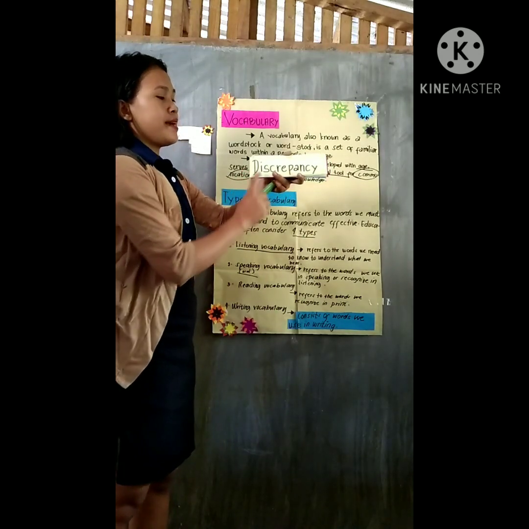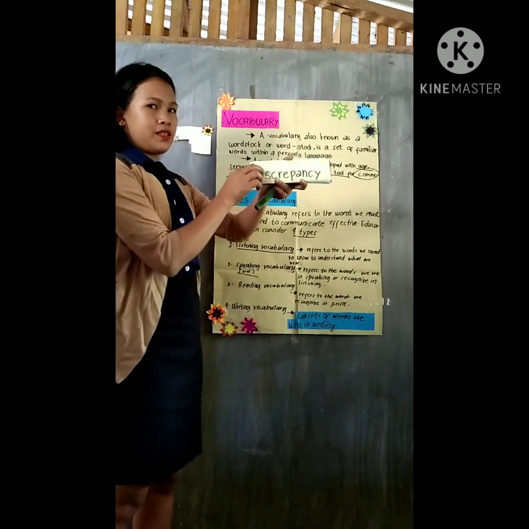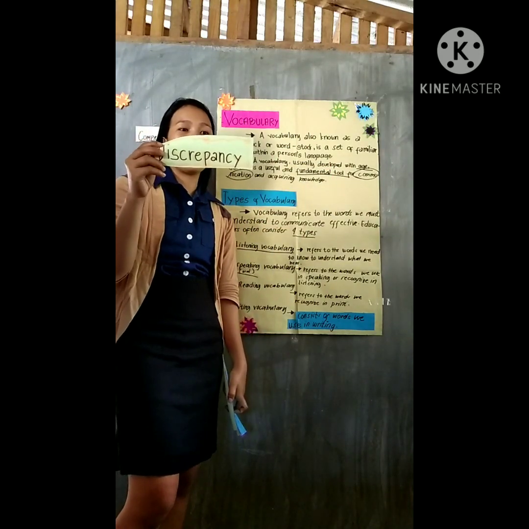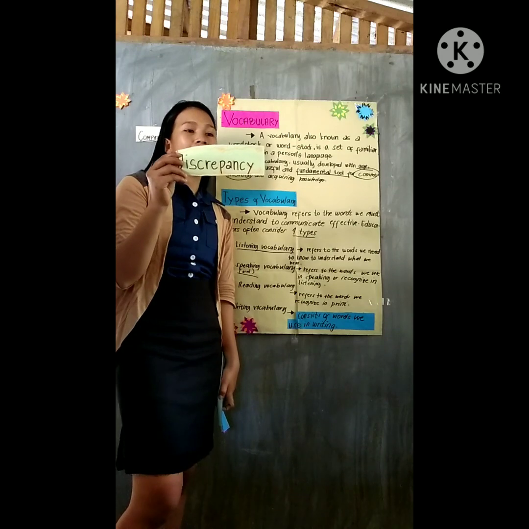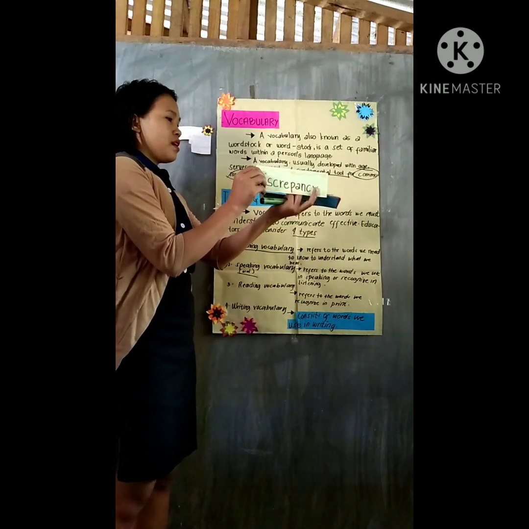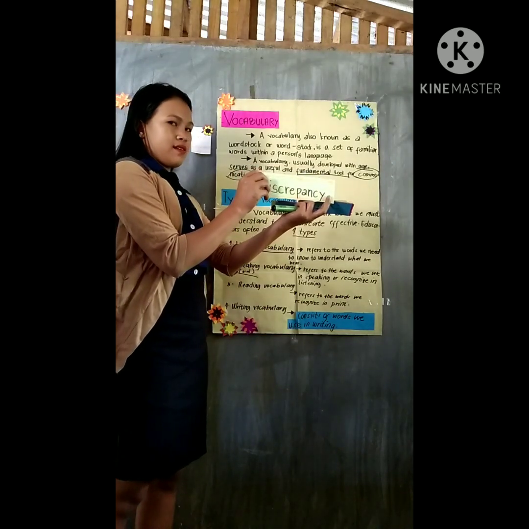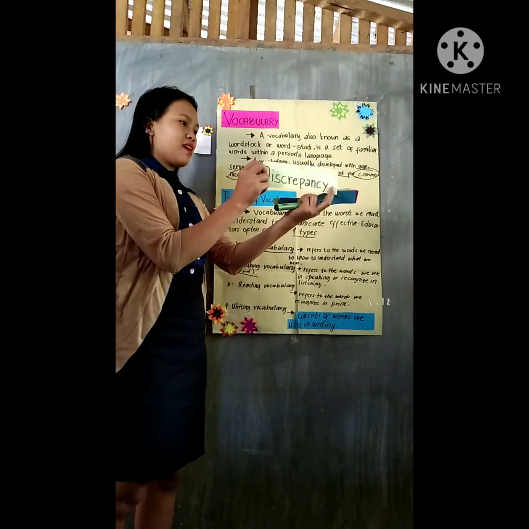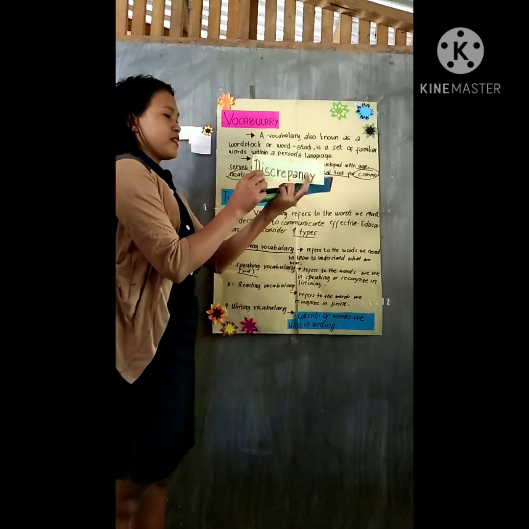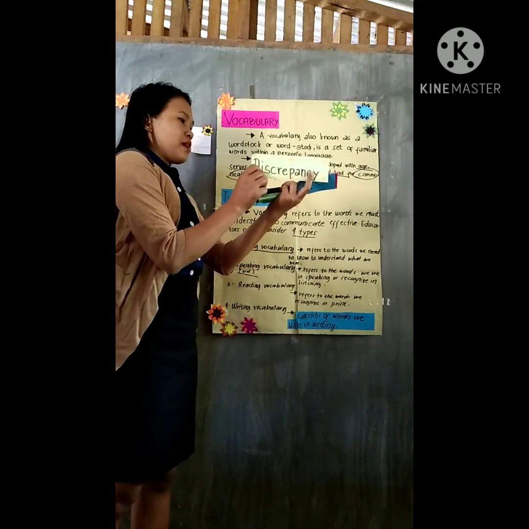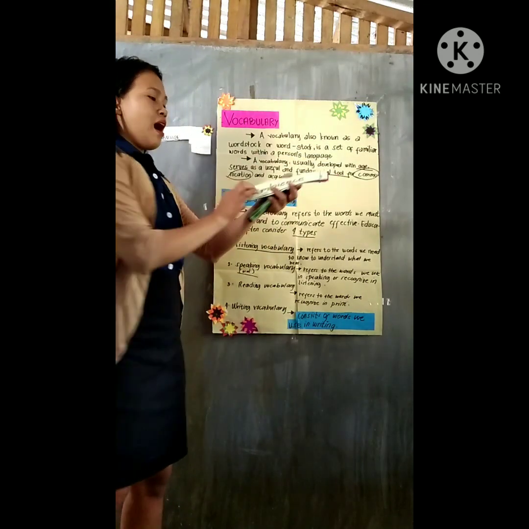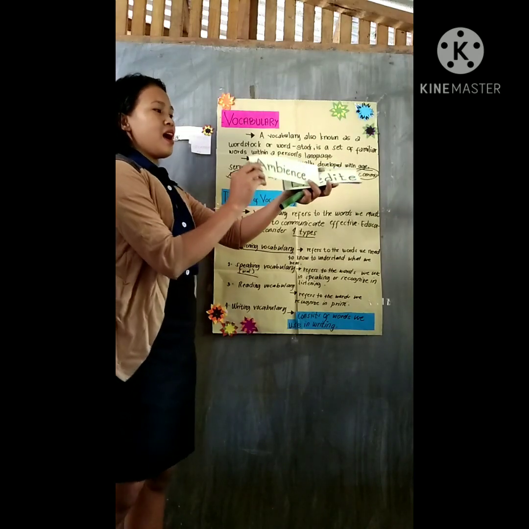First is discrepancy. A difference between things that should be the same, or a mistake. For example, a discrepancy in the financial statements of the investment. Next is ambience.